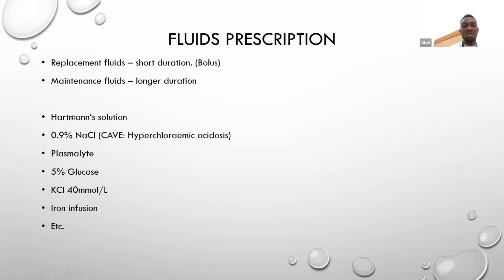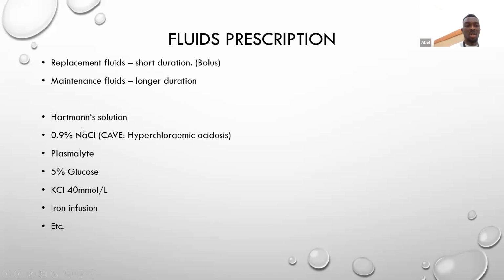Hartmann's is more physiological than sodium chloride. So most people prefer to prescribe Hartmann's for maintenance than sodium chloride. Also, it depends on which trust you're in. My former trust was more a sodium chloride trust than a Hartmann's solution trust, but my current trust is more Hartmann's than sodium chloride.